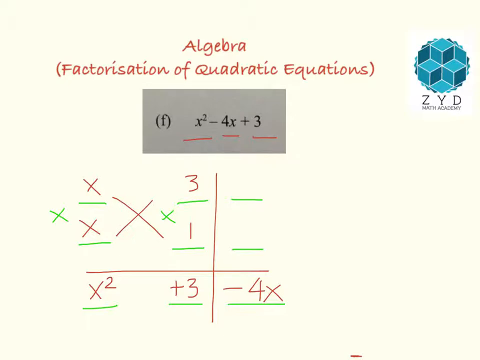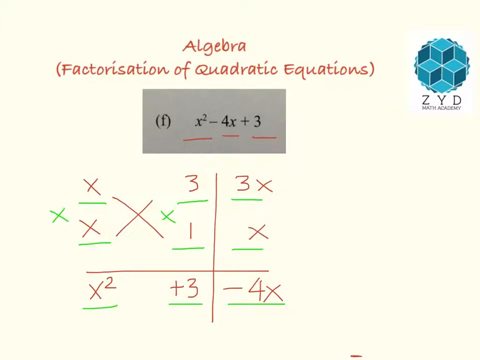The remaining 2 positions, this and this, are obtained by multiplying this term with this term. So x multiplied by 3, you will get 3x. The other blank is x multiplied by 1 to get an x.